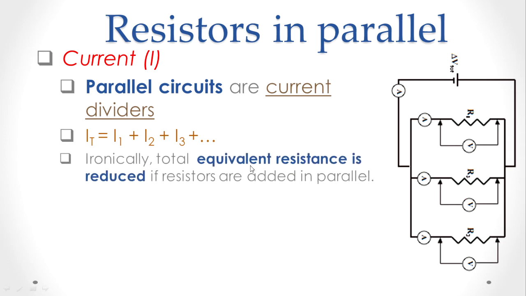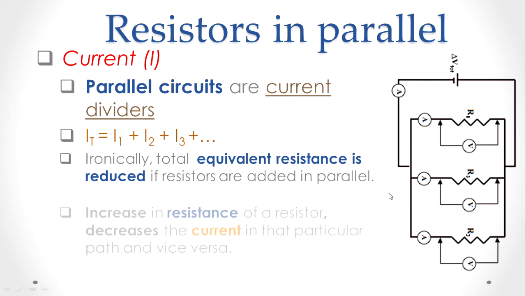Ironically, the total equivalent resistance of the circuit, so if you added all of these resistors together, which is done differently to a series connection, that resistance will be reduced if more resistors are added. So if I had to add another resistor, R4 for example, to this circuit, it would actually cause the total equivalent resistance to decrease.